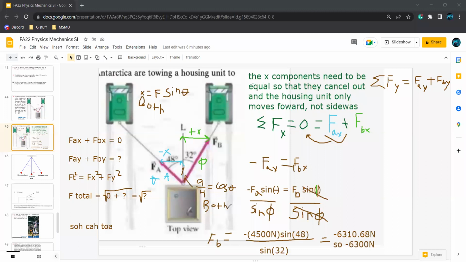Cool. So then we're going to plug that in. I'm not going to write that for y because I don't think I have room.